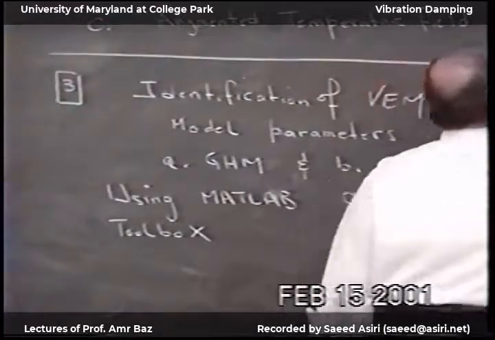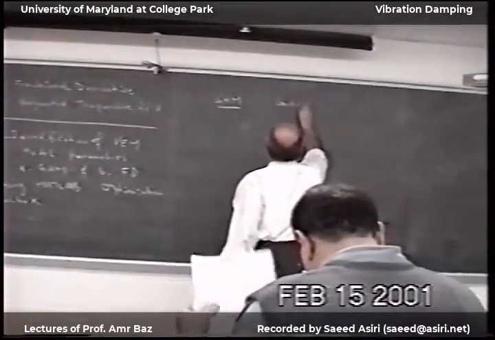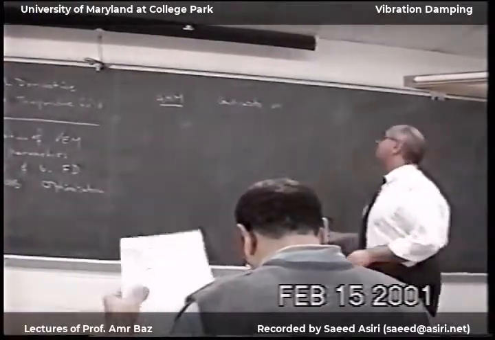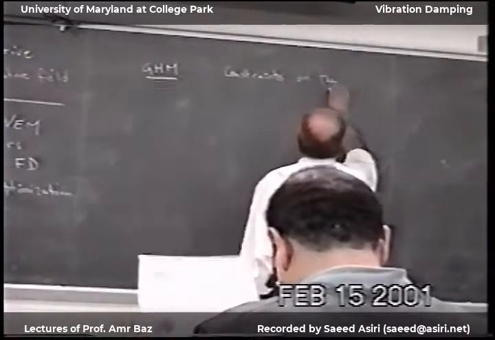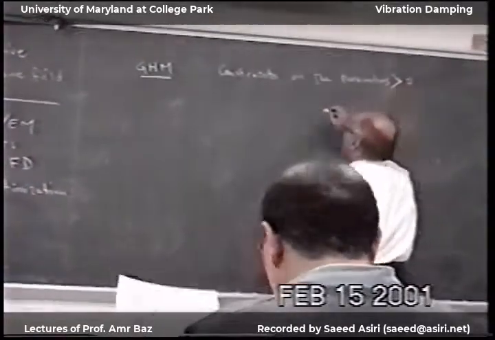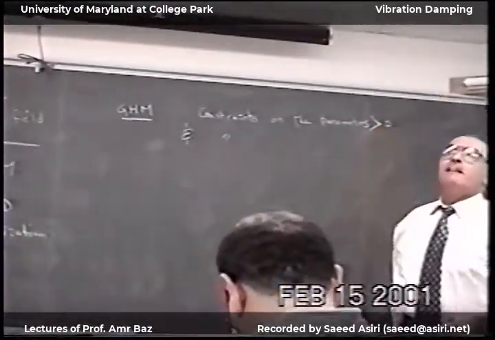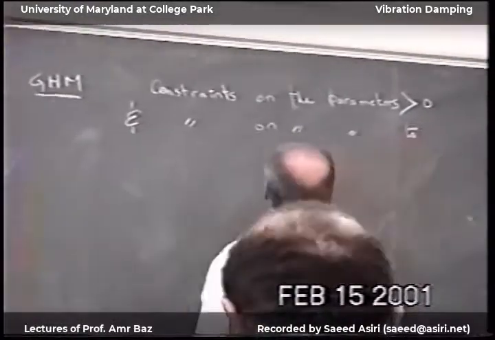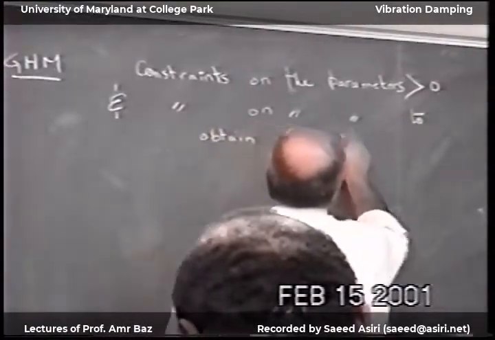In the case of the GHM model, we put the constraints on all the parameters: they have to be positive, and constraints to ensure that we get the minimum and the maximum modulus, to obtain the G minimum and G maximum.